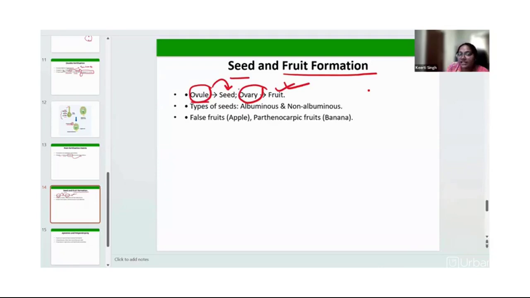That is why the seeds are again added into the soil, and it will lead to the formation of a new plant again. And this is the ovary. This will turn into fruit. This we will use in our diet.